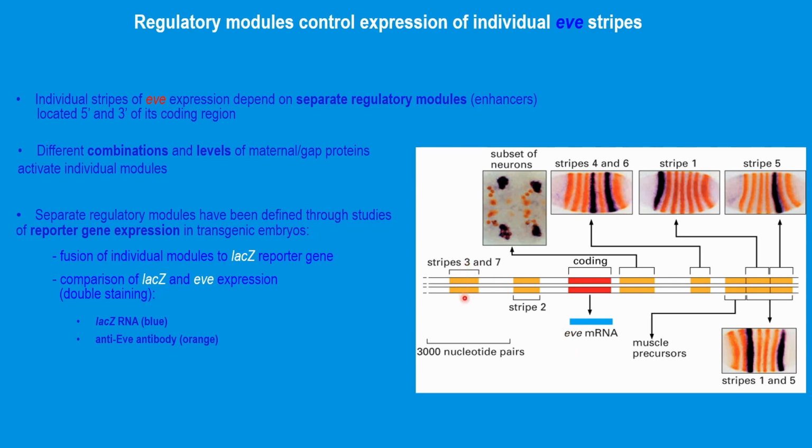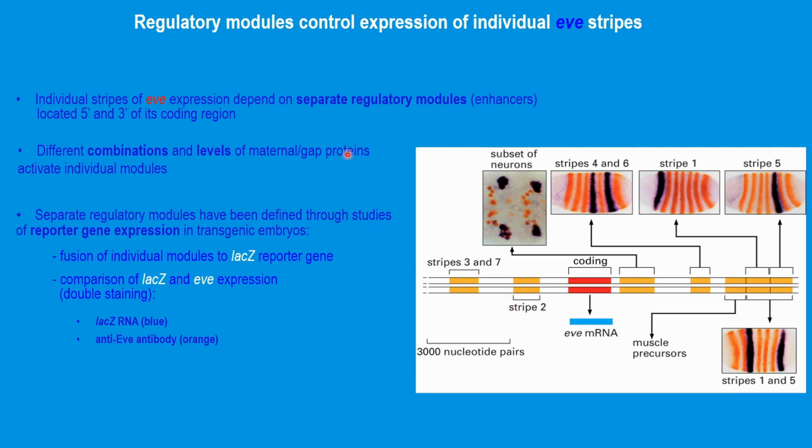In yellow are mapped-out regulatory regions, enhancers that are both 5' to the gene and 3' to the gene and control its expression. These enhancer regions react to different combinations and levels of the maternal and gap proteins.